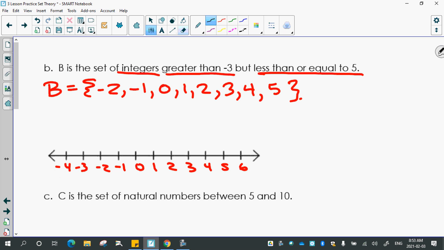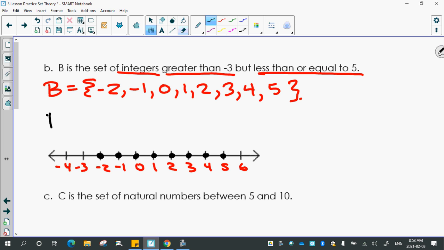So just the dot above -2, or the tick mark, -1, 0, 1, 2, 3, 4, and 5. That's what your number line would look like. Okay, just those distinct points in pairs.